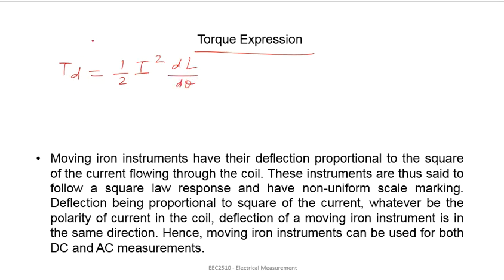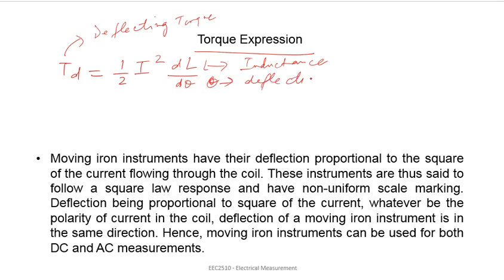This Td represents the deflecting torque, L is the inductance of the instrument, theta is the deflection, and I is the current.